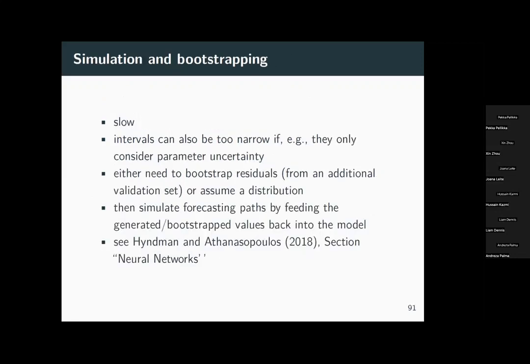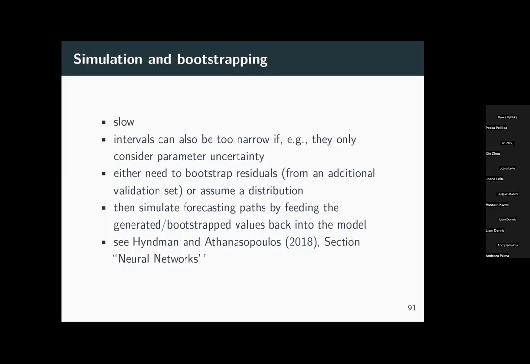The next thing you can do is simulation and bootstrapping. That's usually quite slow because you need to run the model many times. The intervals would usually be too narrow as well, because if you just rerun your neural network with different seeds on the same data, the intervals would be too small.